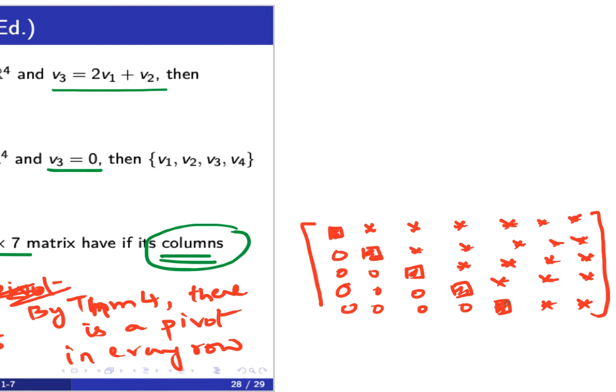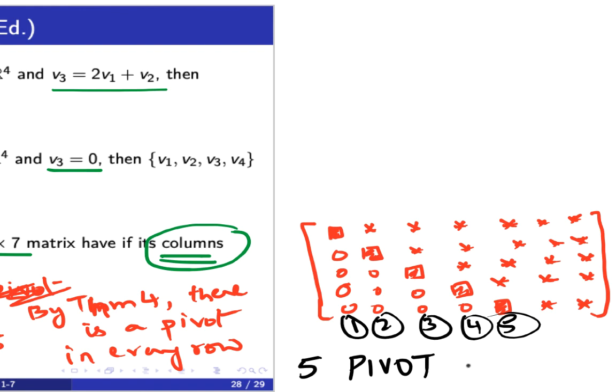So how many pivot columns do we have, guys, now? You have the matrix in front of you. 1, 2, 3, 4, 5. So according to the question, how many pivot columns? We will have 5 pivot columns.